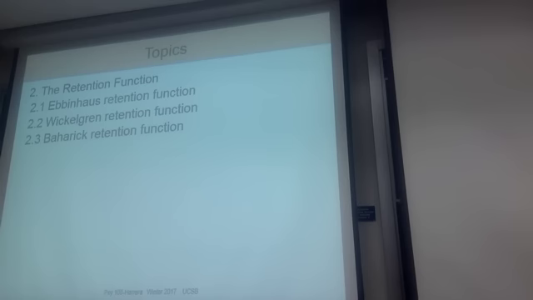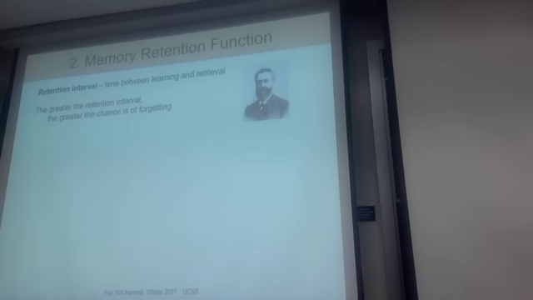Then we get to three different people's examinations of the retention function, which refers to how well you retain information. Ebbinghaus was the first to do this with the forgetting curve, or the memory retention function.